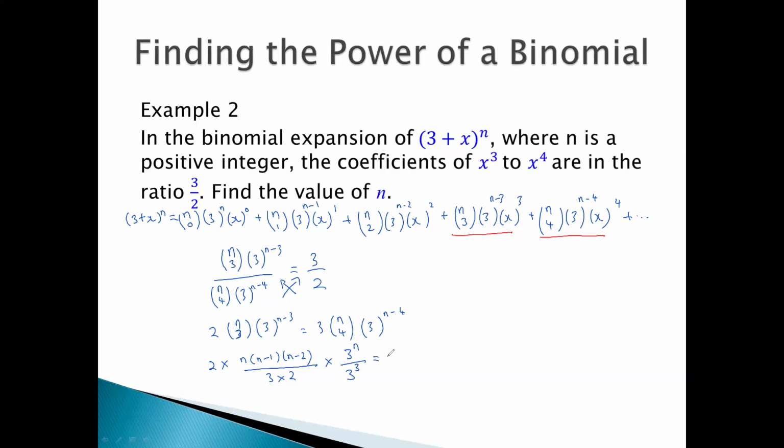Now on my right side, 3 times n minus 1, n minus 2, n minus 3 over 4 times 3 times 2, times 3 to the power n over 3 to the power 4.